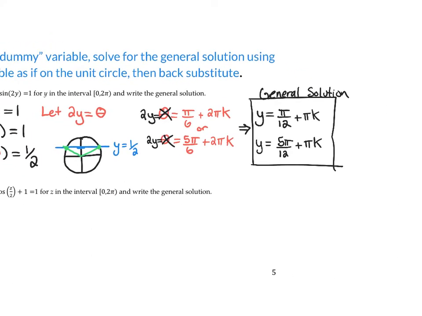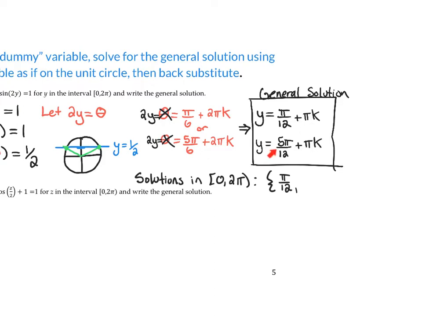And here's how we can get the rest of the solutions. So our solutions in 0 to 2 pi. Our obvious first solution is pi over 12, because that is my first answer here. This is called the particular solution right here. And if I don't add pi k onto that, then I've got my first particular solution.